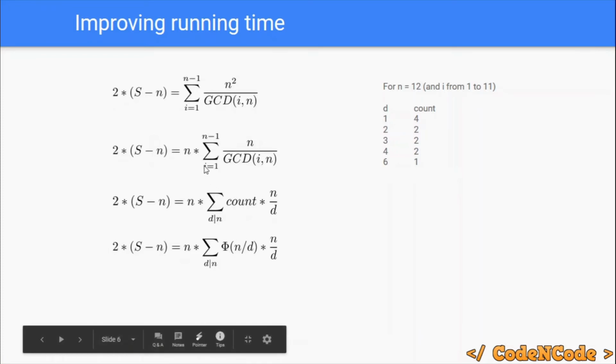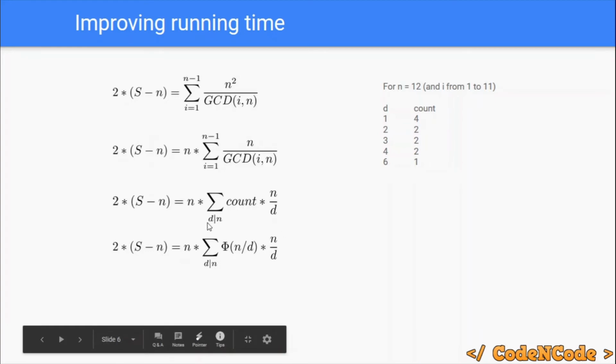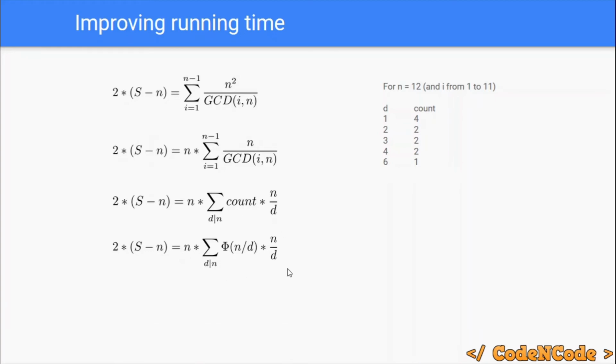Now instead of running a loop from 1 to n-1, we would only run a loop till square root of n, because by running a loop till square root of n, we can calculate all of the divisors of n, and so the overall complexity of this would be square root of n. Of course, don't forget the pre-processing time, which is n log n.